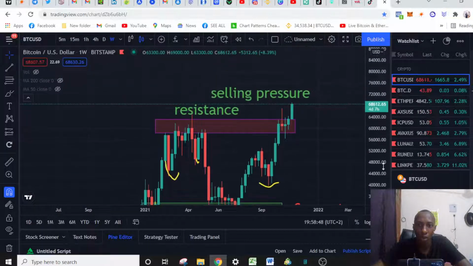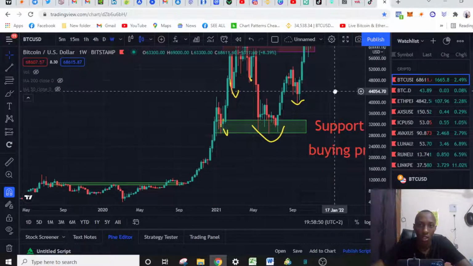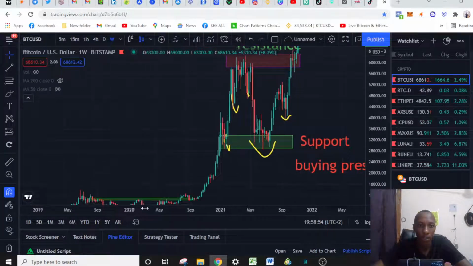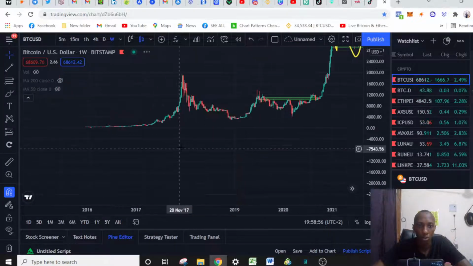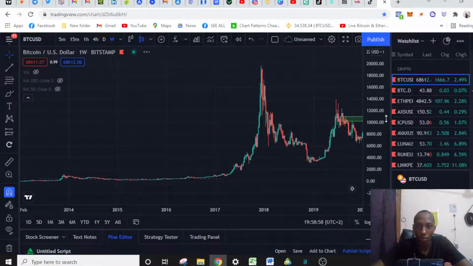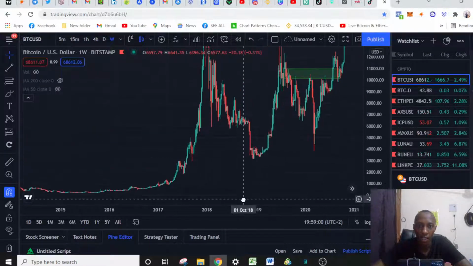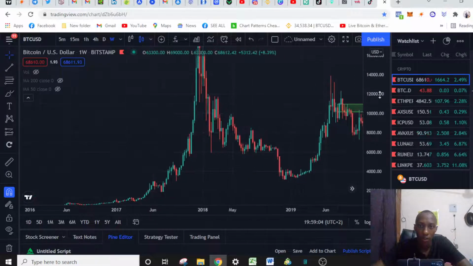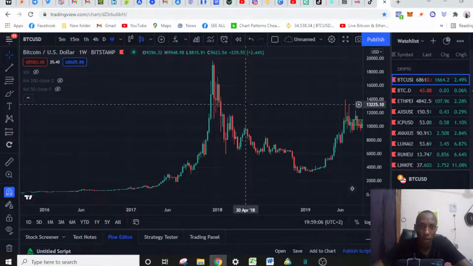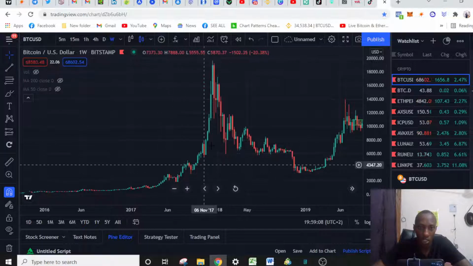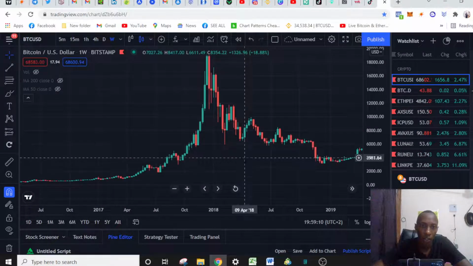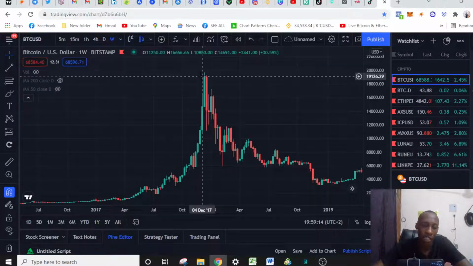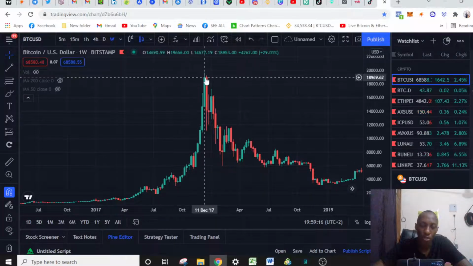You can see a very good scenario. Let me take you back to 2017, when everything was going haywire. You can see here, in 2017 there was a parabolic bull run, just like what we're expecting right now. The market goes up definitely, but what goes up must come down.